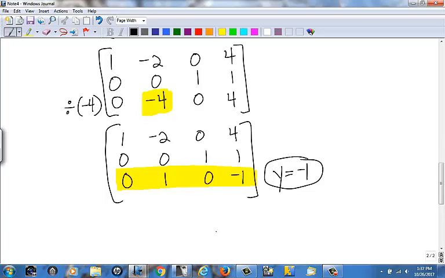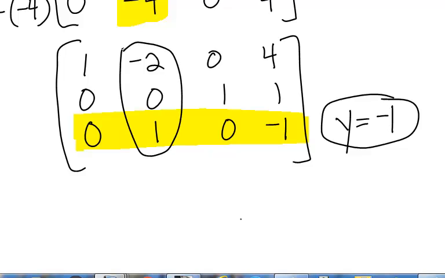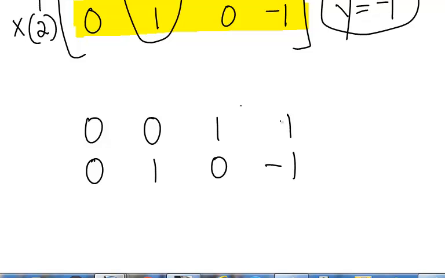So the middle row and the bottom row stay the same because those are answers. Now you go for a 0 in this column. What can you multiply? Multiply by 2 and add it up. So the bottom two stay the same. Multiply by 2 and add it up.